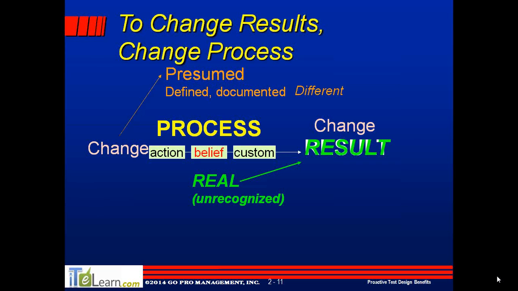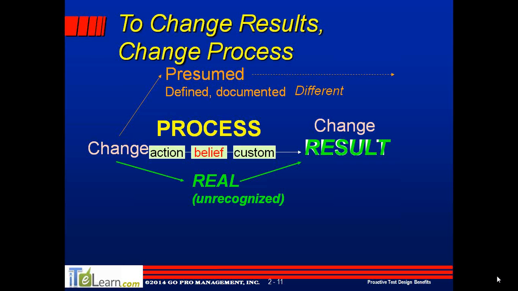If, as so often happens, the presumed process is different from the real process, then the presumed process is not actually producing those results. Changing a presumed process that is not producing our results currently is unlikely to produce the desired change.